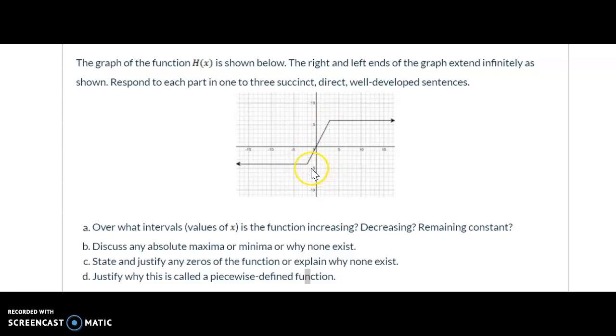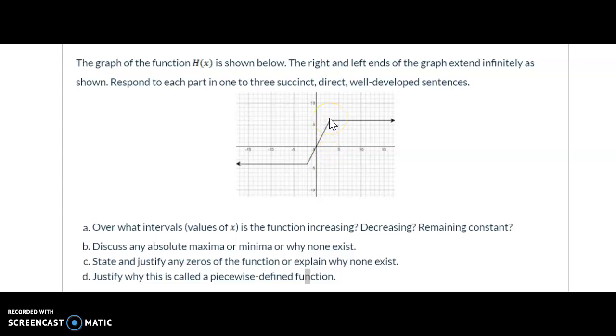So this point right here would be -2, and then 1, 2, 3, 4, -4. And then this point right up here is going to be 1, 2, 3, and then 1, 2, 3, 4, 5, 6.